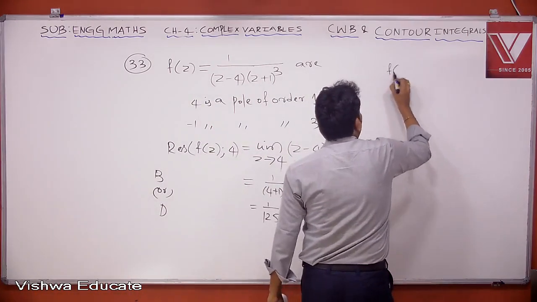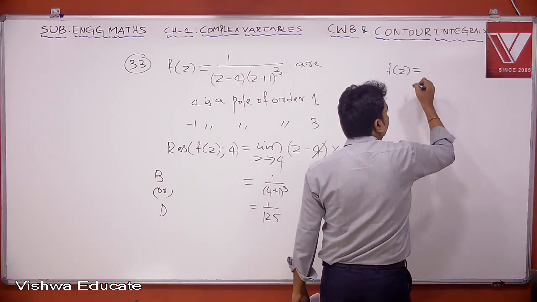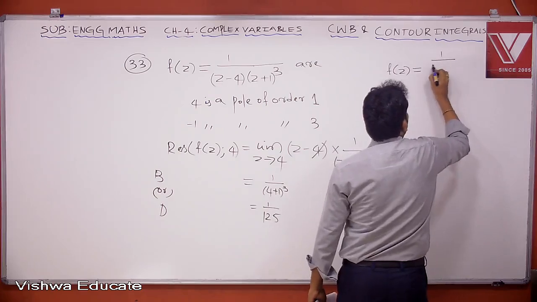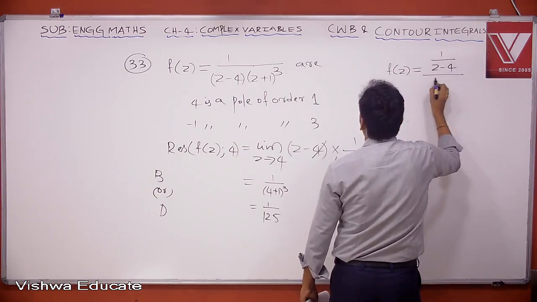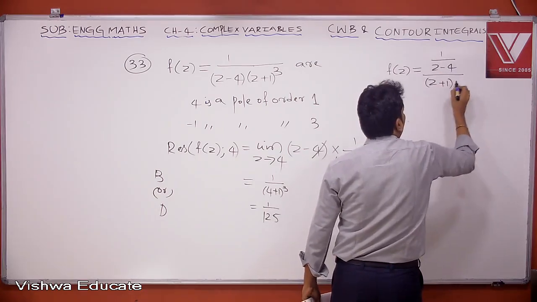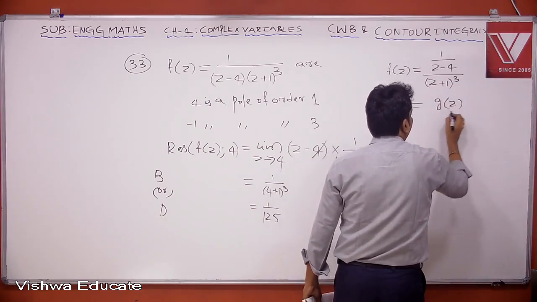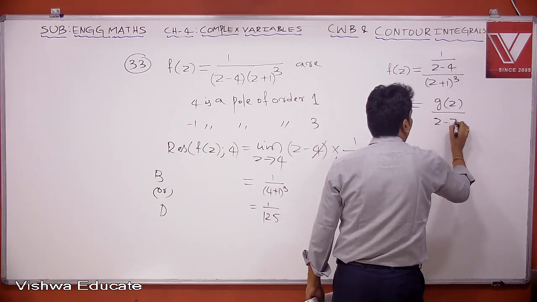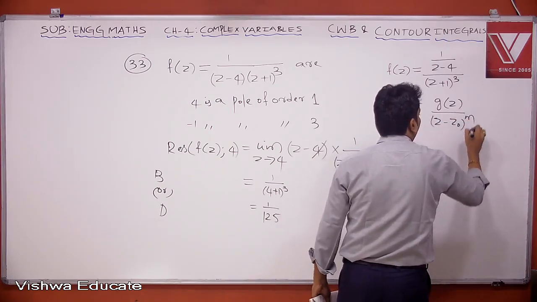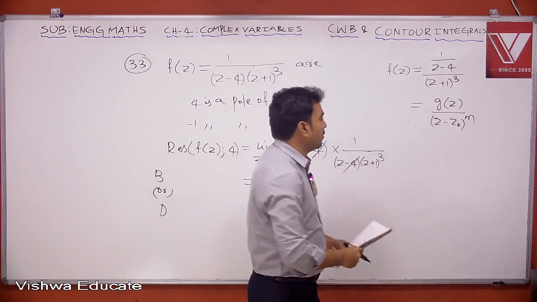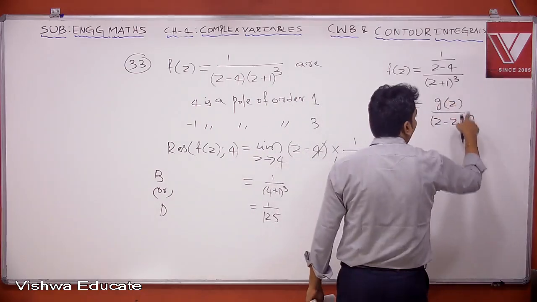Now let us find residue at minus 1. To get the second residue, it must be in the form g of z by z minus z naught whole power m. So this is 1 by z minus 4 divided by z plus 1 whole cube. Now here m value is 3.